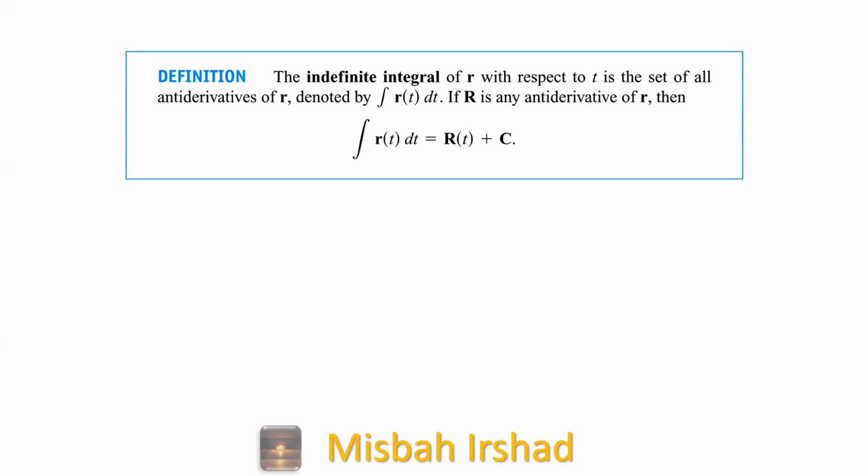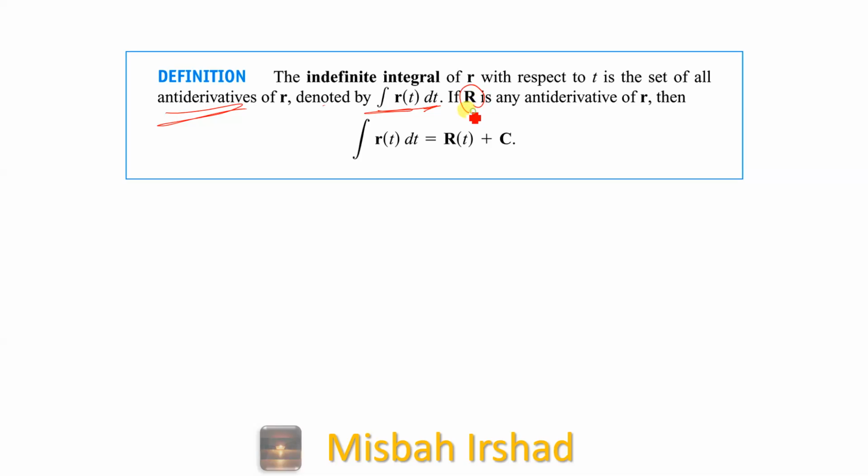Integration. First of all, the indefinite integral of a vector valued function with respect to t is the set of all antiderivatives. So the indefinite integral is simply the antiderivative and is denoted by the integral of r(t) dt, that is, with respect to t.